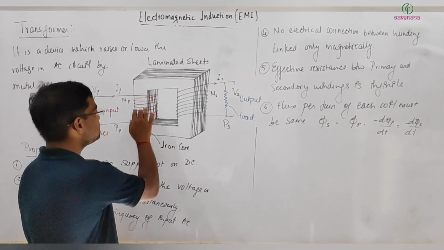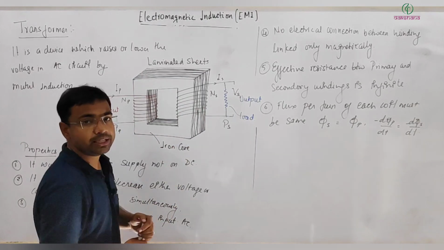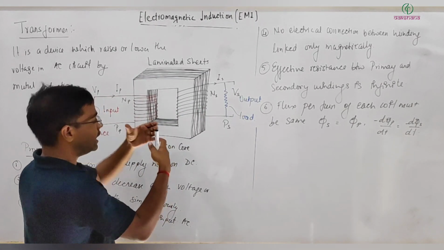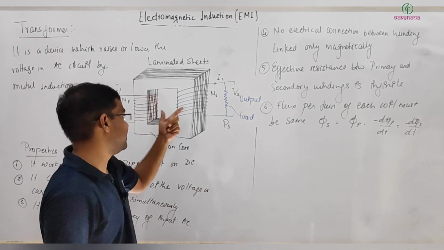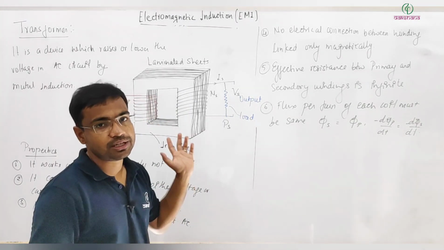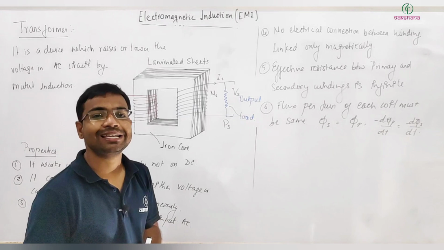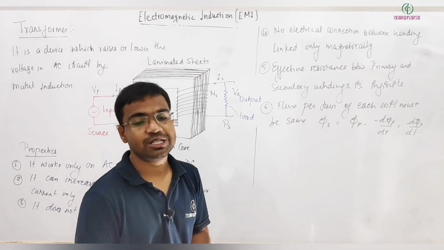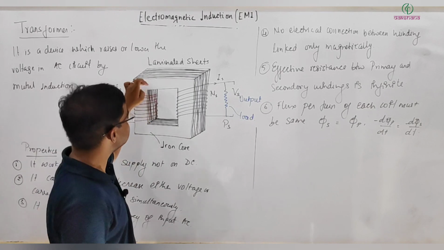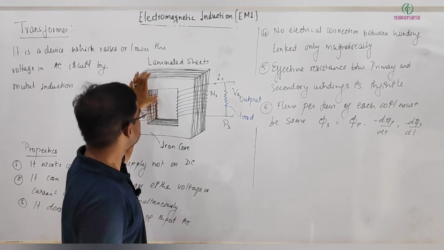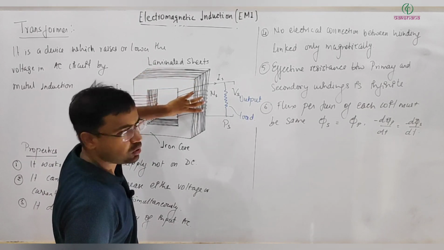Now we want this flux to be linked to the secondary coil. Even when the coils are coupled like this, the flux changes depending on the mutual inductance. In this situation, because the flux is inside the core, almost all of the flux is linked to this coil.